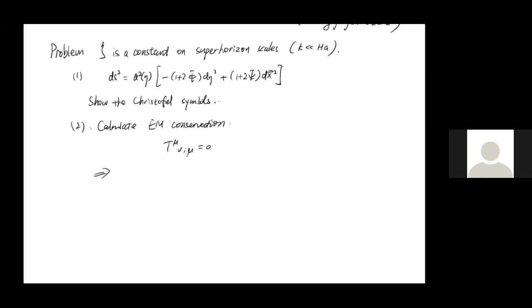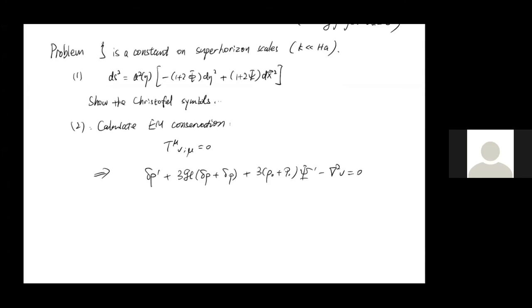perturbation equation: rho prime plus 3h (delta rho plus delta p) plus 3 rho naught plus p naught psi prime minus nabla squared v equals 0.